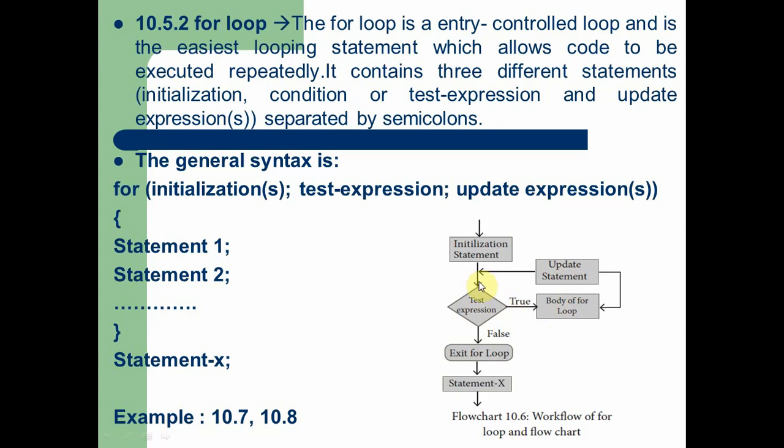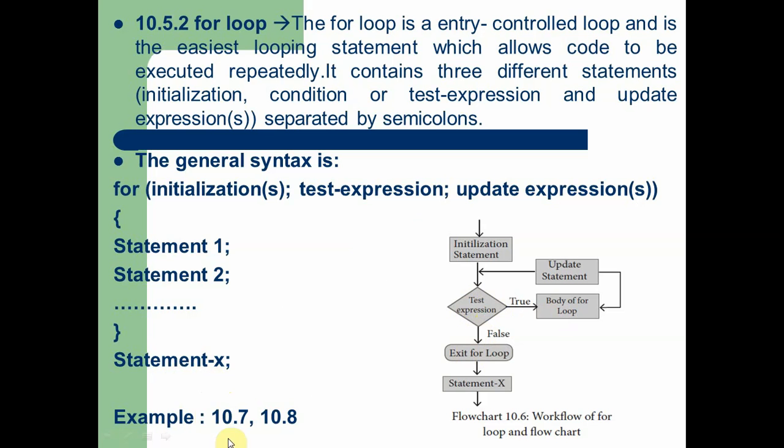In this process, it checks the test expression; if true, it executes the body, updates, and goes again to the test expression. It can run more than one time depending upon the expression. If the test expression returns zero, that is a false value, then the loop exits and goes on to the next statement, statement X.